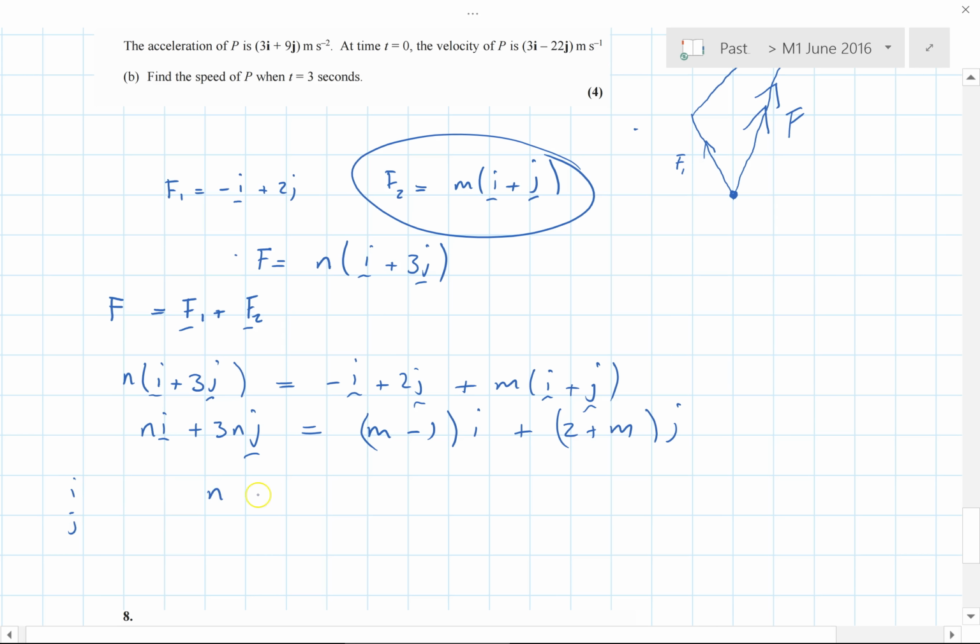So equating the i bit, we've got n is equal to m minus 1. And equating the j bit, 3n is equal to 2 plus m. Well, we can easily sub for n here.